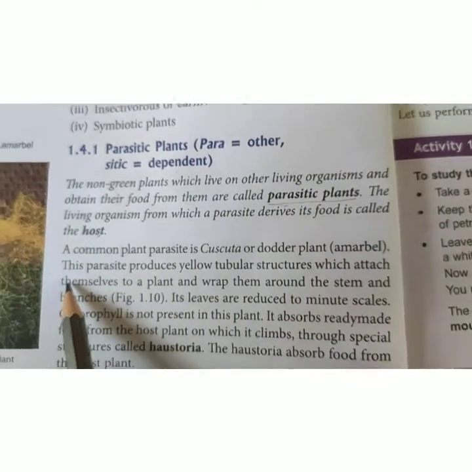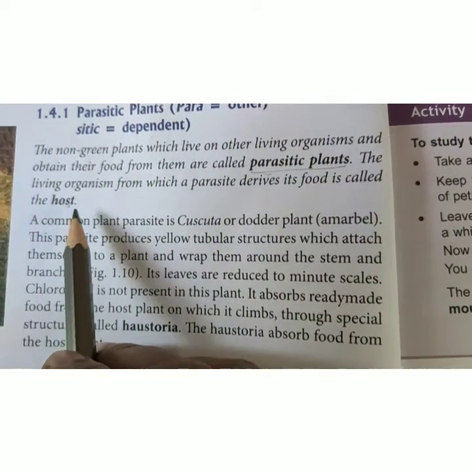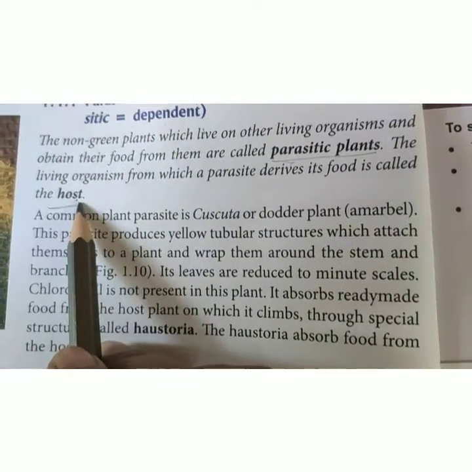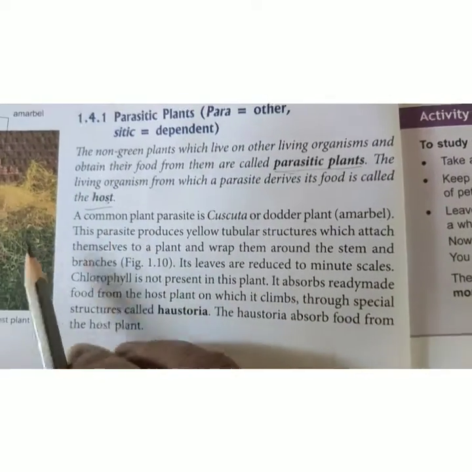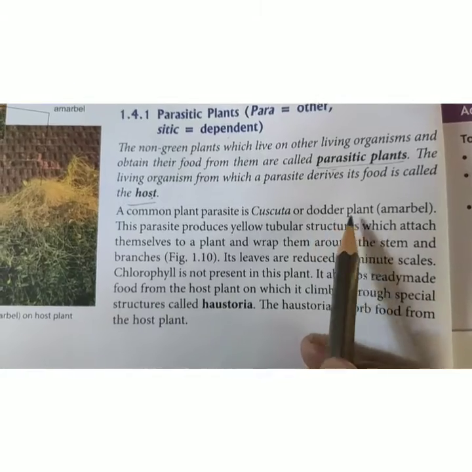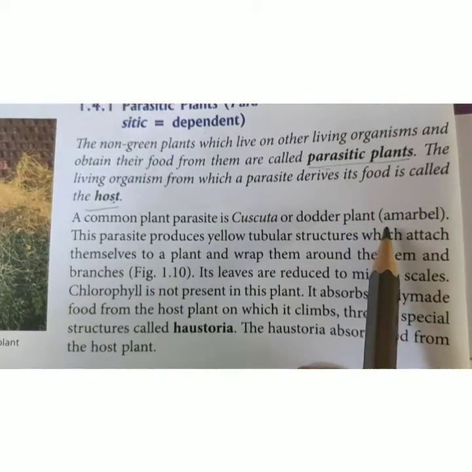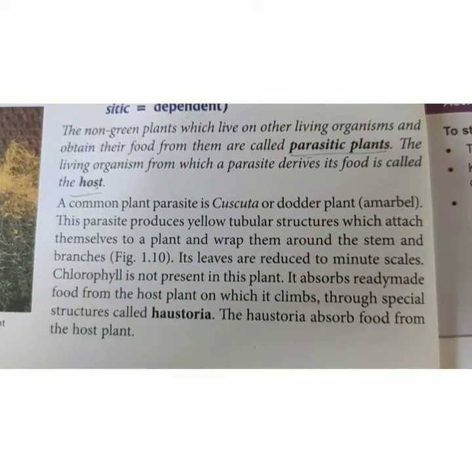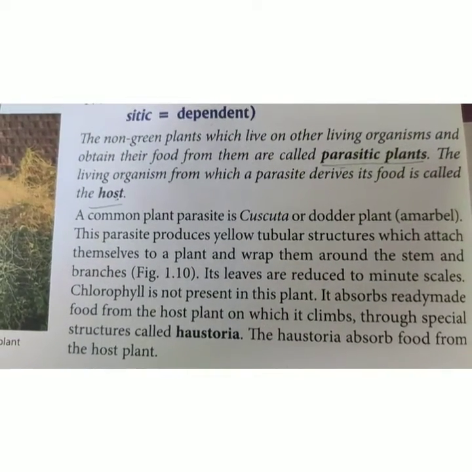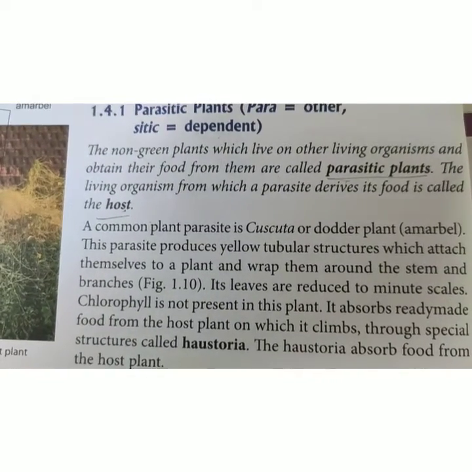The plant or the other organism on which they are living and obtaining their food is known as the host. The most common example is the cuscuta or dodder plant, which in Hindi is known as amarbel. You may have seen this. They are very thin yellow structures.